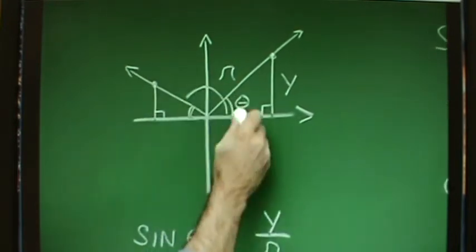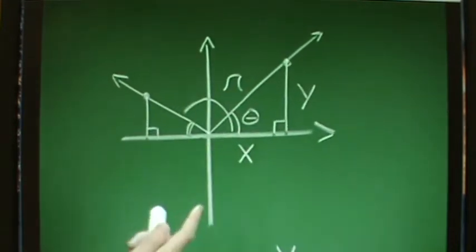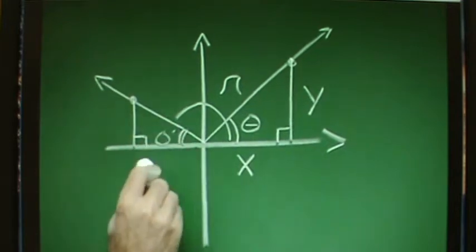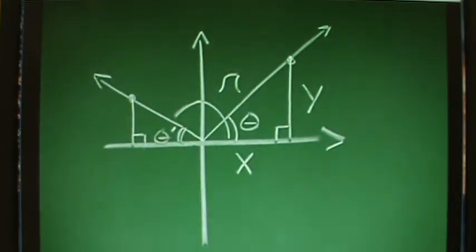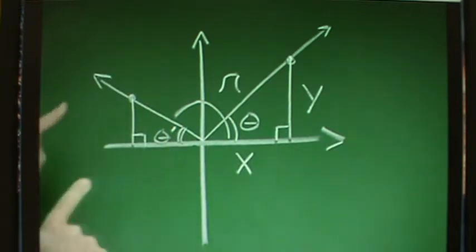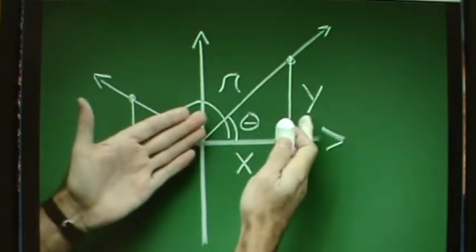Now, if this is theta, we might call this angle theta prime. And we can think about our ratios in a way similar to the ratios over here.